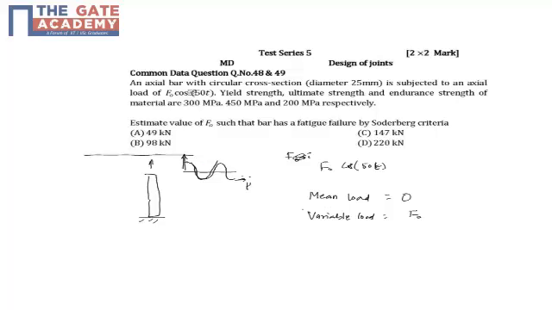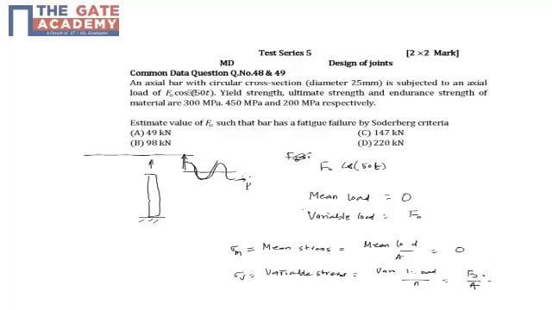Obviously from this, the mean stress would be mean load by area, so it's 0. Let me denote the mean stress as sigma mean, and the variable stress as sigma v, which is the variable load by A, which is F0 by A.